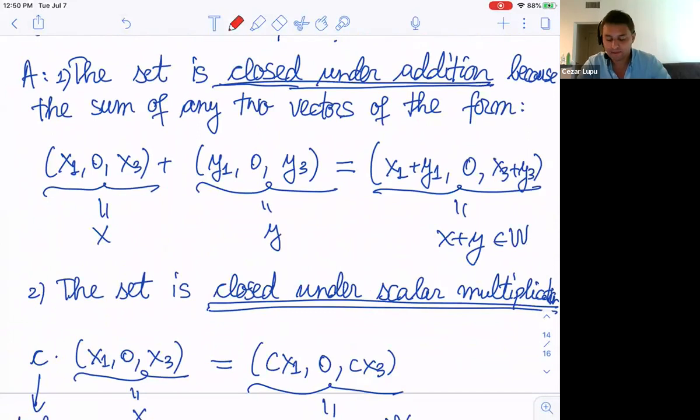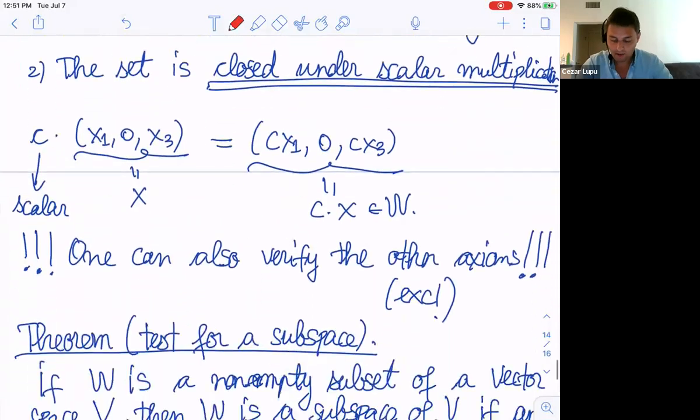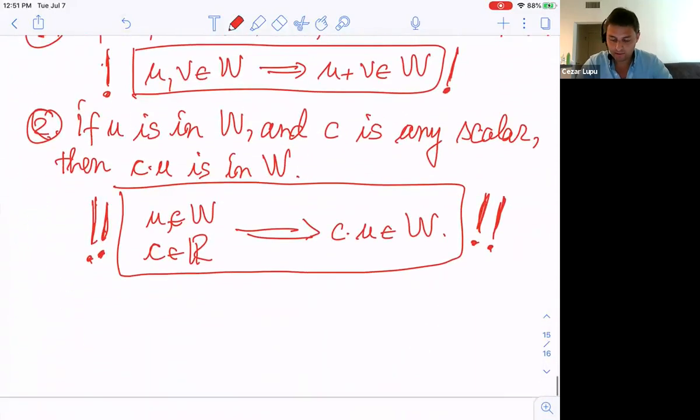And I told you to verify the others if you want to. But like I said, this theorem tells us that there is no point in verifying the others. It's enough to verify these two. If one of them fails, just like we have seen in the case of the integers, then we cannot talk about something being a subspace. And now let me give you another example, example 2.